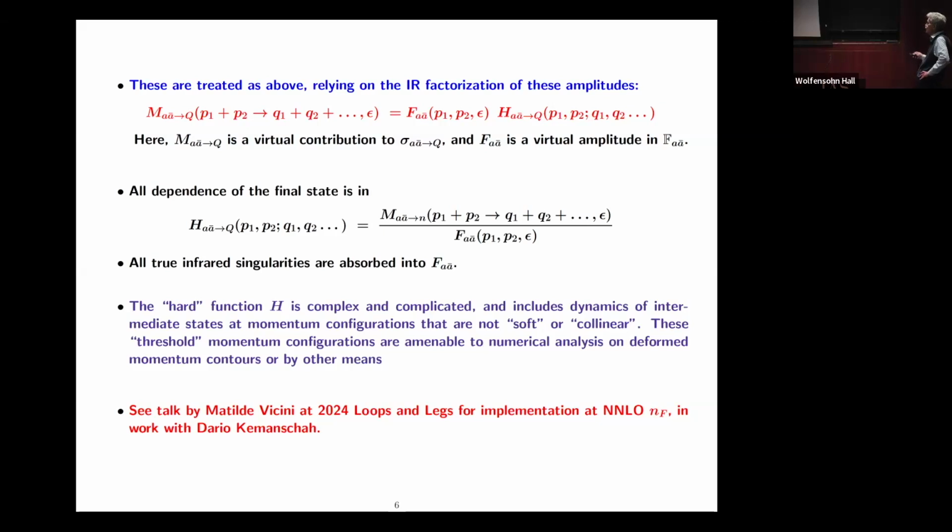These so-called threshold, I would say above threshold is a more accurate statement, momentum configurations are amenable to numerical analysis, either on the momentum contours in principle or by other means, and a lot of those other means have been described and investigated, and I recommend the very recent talk by Matilda Cini at Loops and Legs for the implementation at next-to-leading order at the level of just the NF contributions to the amplitude. This is work with Dario Kermanschah.